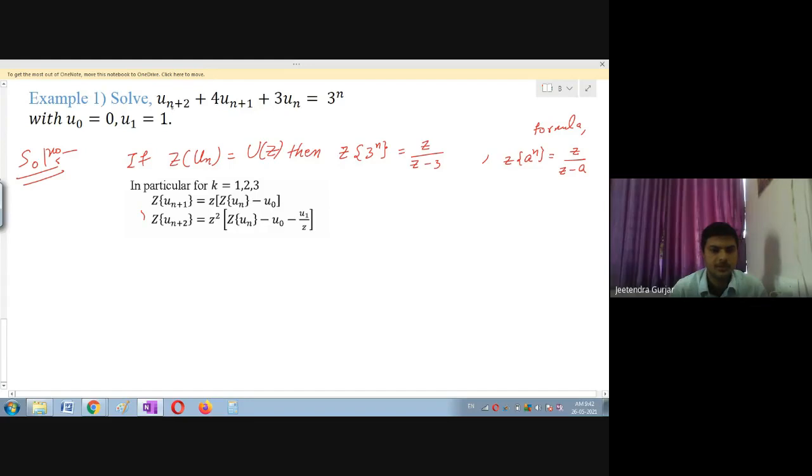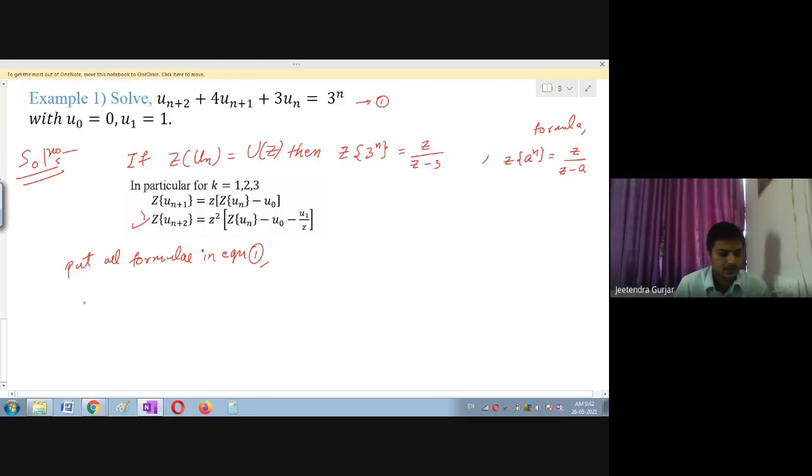So first I will substitute. I will take this equation 1. Okay, so I will put all formulae in equation 1. So therefore equation 1 will become, students, like this. So I'll just first substitute this. I will take this Z transform of this, students.